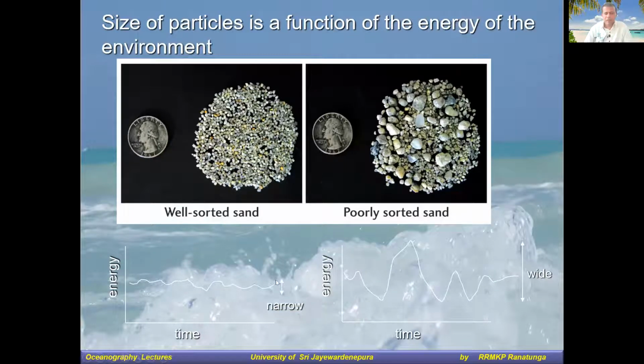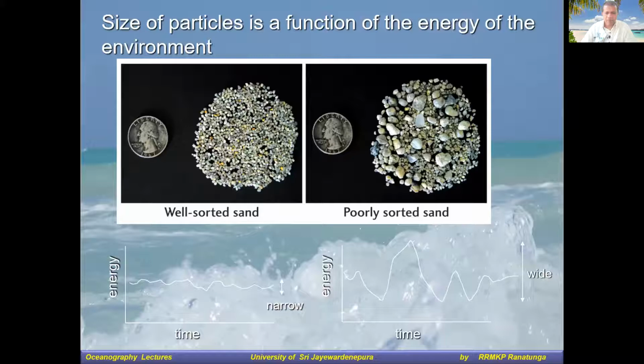If it is a constant size range of sand particles, the waves are more or less similar. But if they receive different types of waves at different times, then you will have different sizes on the beach.